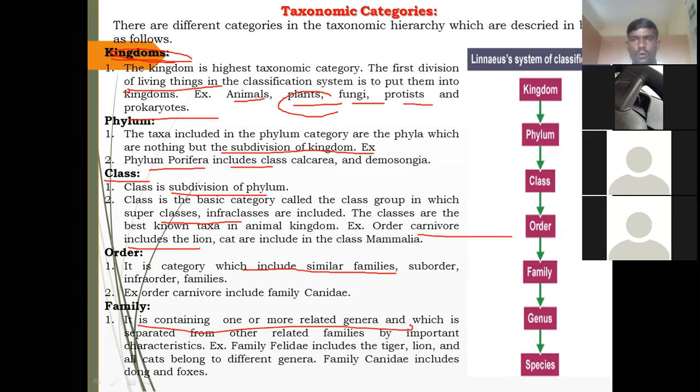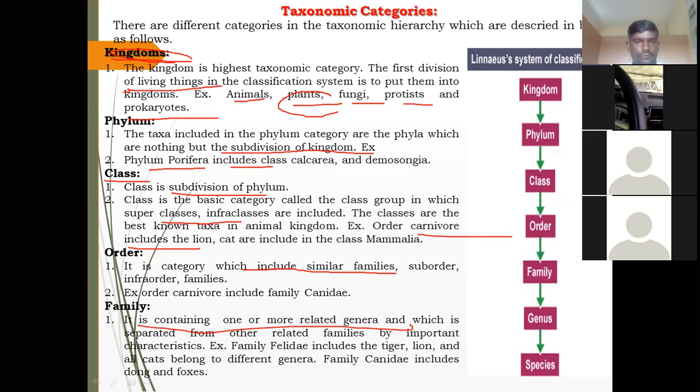It is a very important sentence, meaning you show the properly or closely related animals in your group of family, which is separated from other related families by important characteristics. This is just one common group of family.